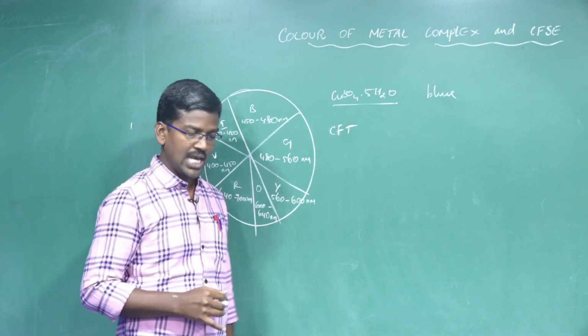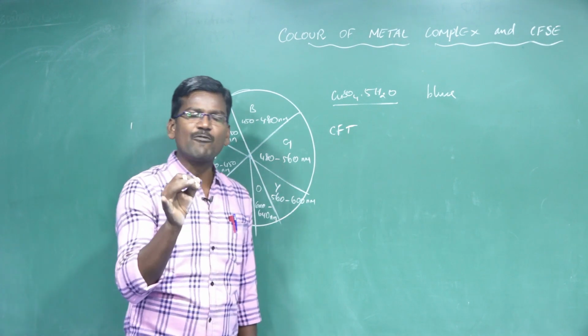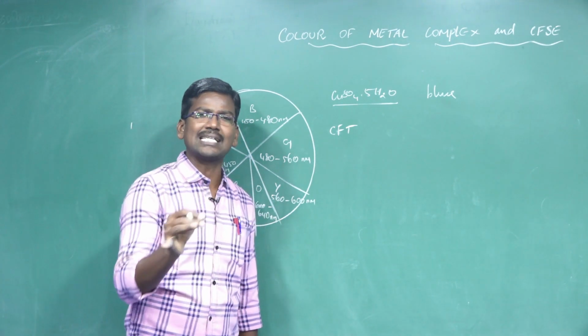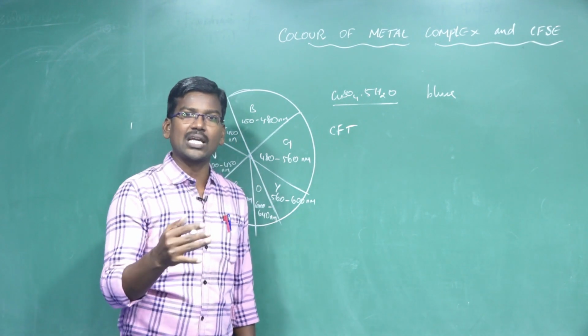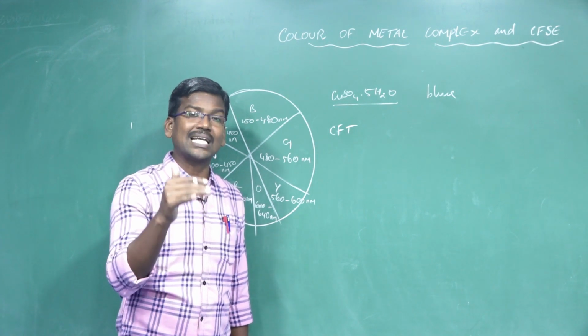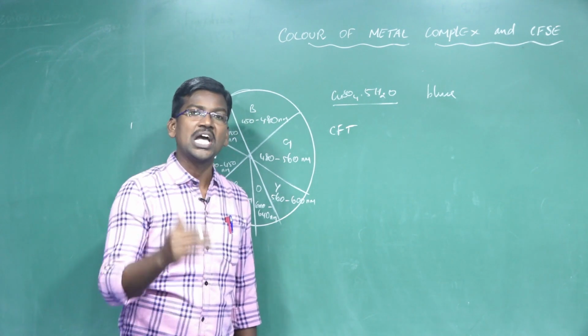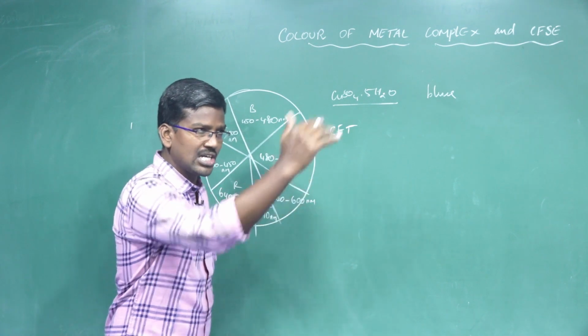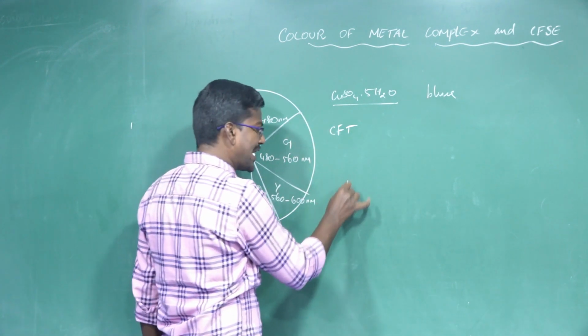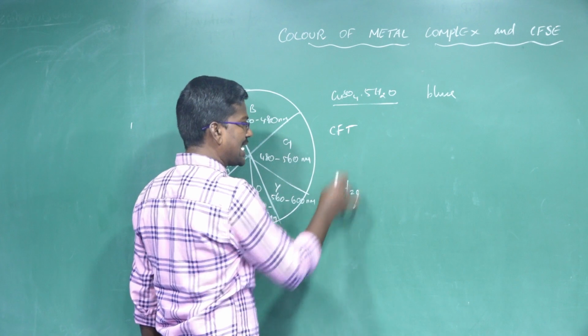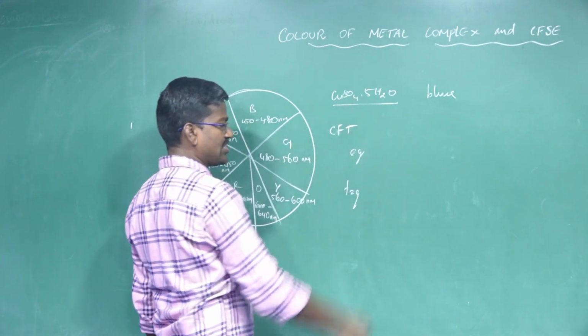We have already learned ligand field theory. The ligand field causes the transition of an electron of the central metal ion containing unpaired electrons from a lower energy level to a higher energy level. The lower energy level is expressed as t2g and the higher energy level as eg.